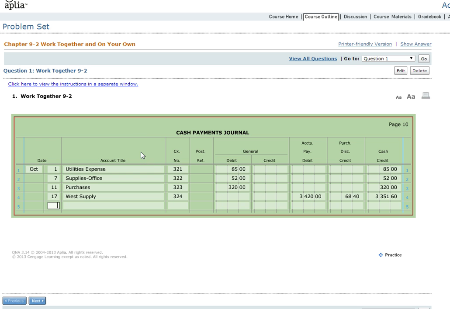Alright, the last one. Paid cash on account to Quill Forest Products covering purchase invoice number 182 for $43.80. No cash discount was offered. So on the 19th, your account title is going to be Quill Forest Products. 325 was the check number.